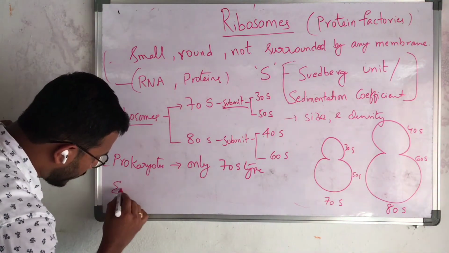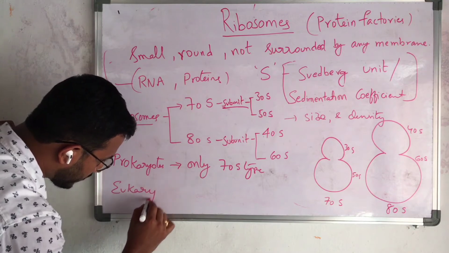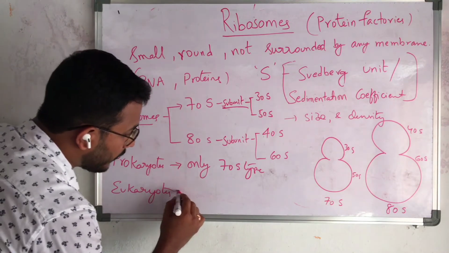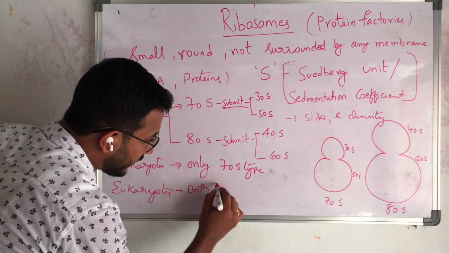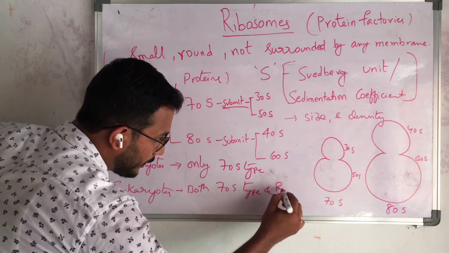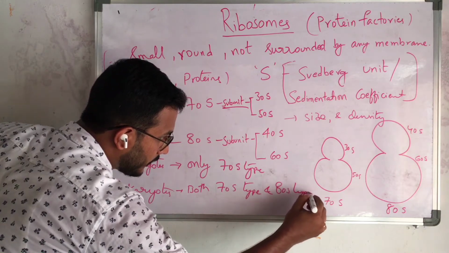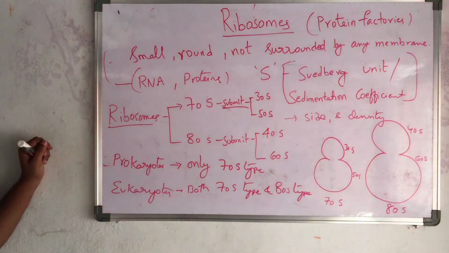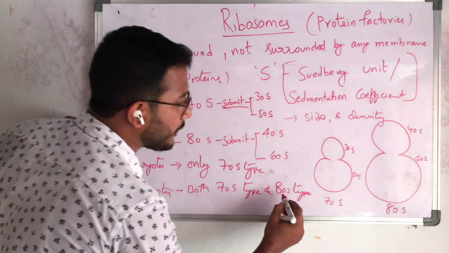And eukaryotes have both 70S type and 80S type. Both they are having. Where is the 80S type present?